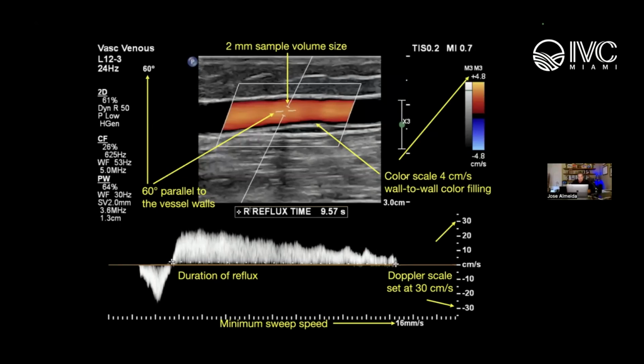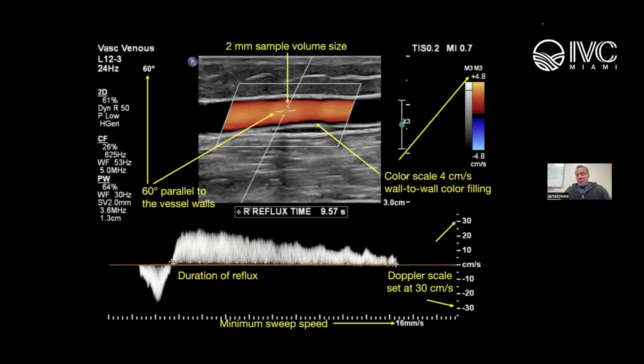So, here we have a refluxing vessel. It's color coded in red, towards the transducer, and we can see that the duration of reflux is above the baseline. So all of that comes together, right? We have the sample volume, 60-degree angle, color coded in red towards the transducer. The waveform follows to encompass the entire duration of the reflux.